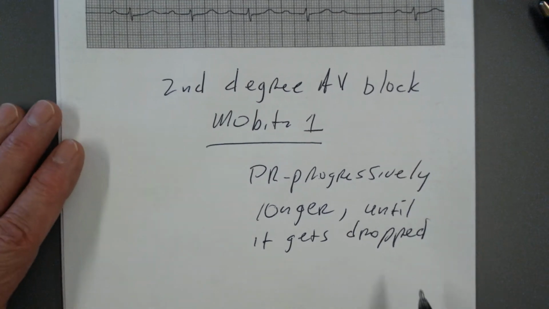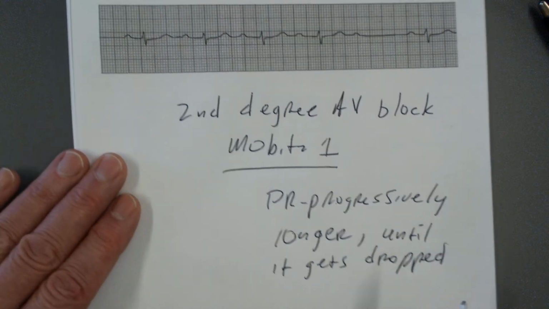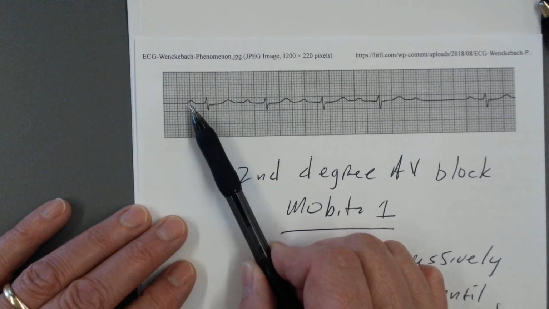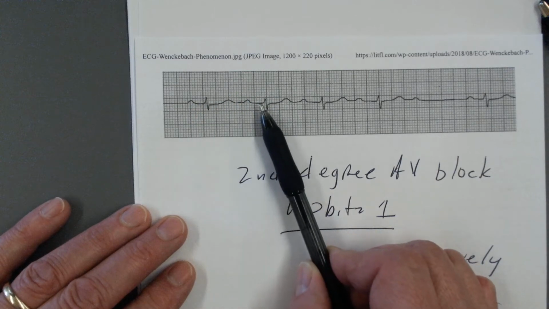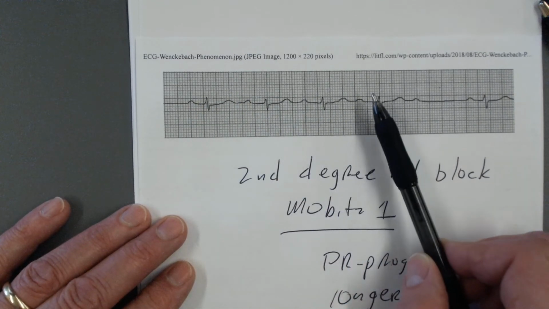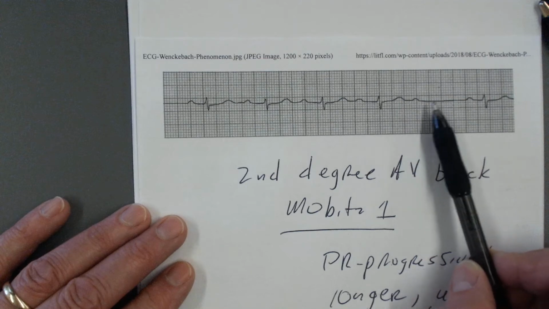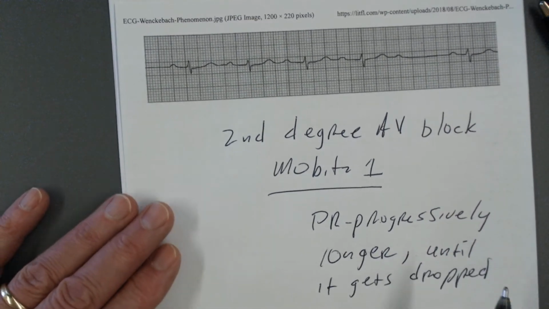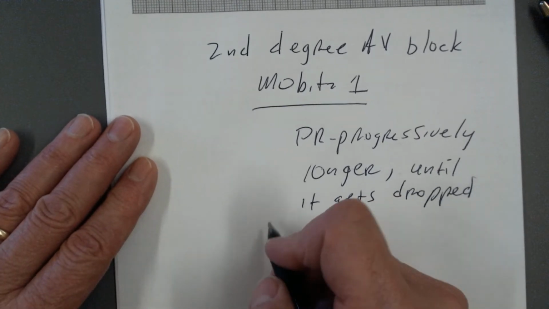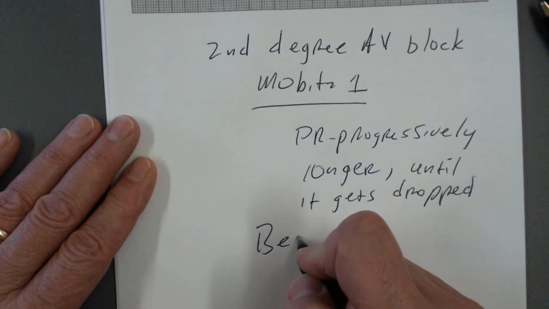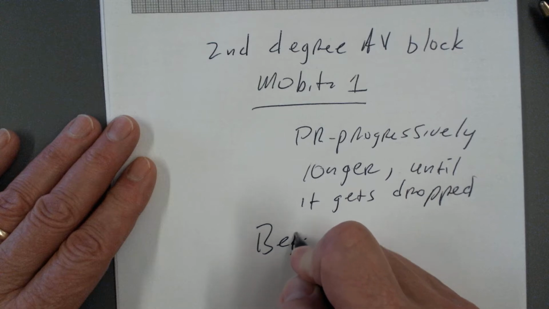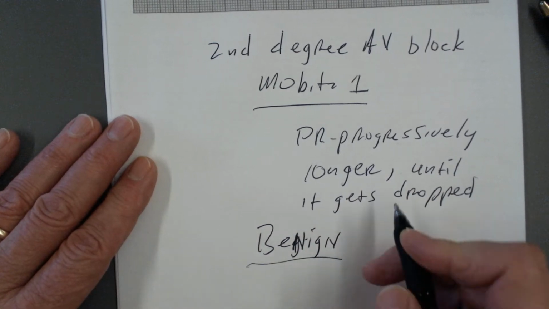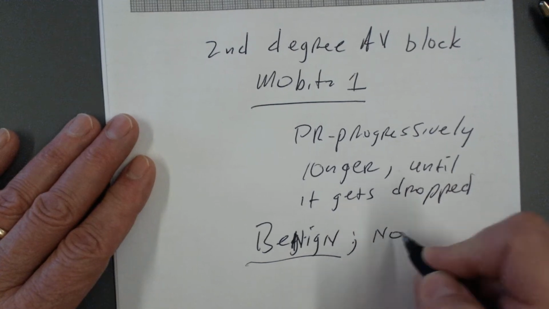So the heart will drop a beat, essentially, and you go from a little bit of a delay, a little longer delay, even longer delay, really long delay, heart drops a beat, and we go again. Now this, once again, typically is benign. And it's benign, so usually no treatment is required.